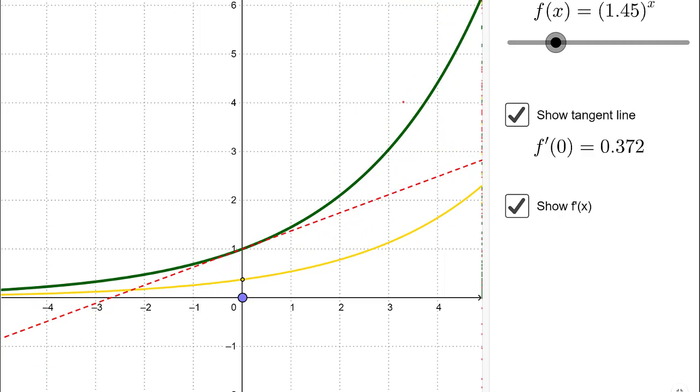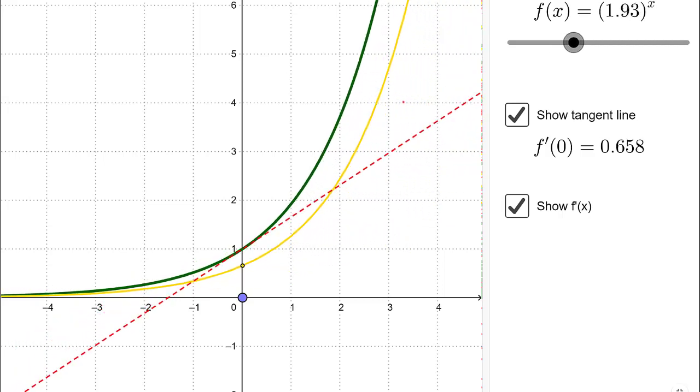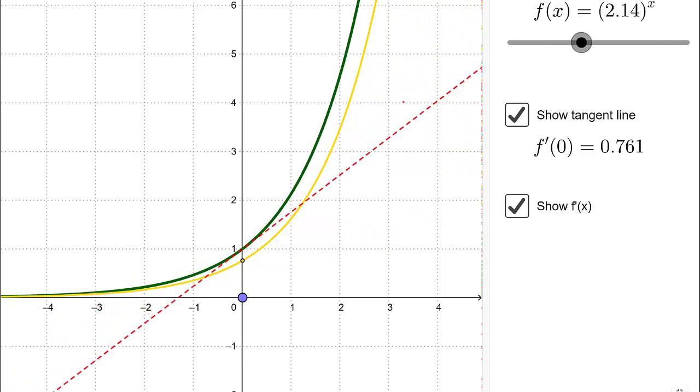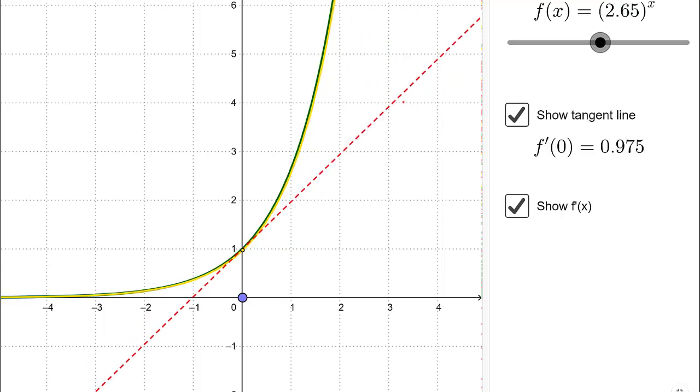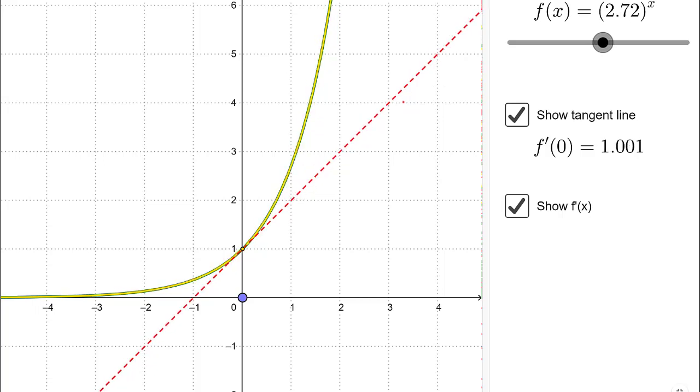So that yellow curve looks kind of nice and smooth like an exponential function. And what happens at some point if the slope right at 0 actually becomes 1? It looks like the yellow curve and the green curve match up. They are the same function. And this number, 2.27, is approximately the number e.